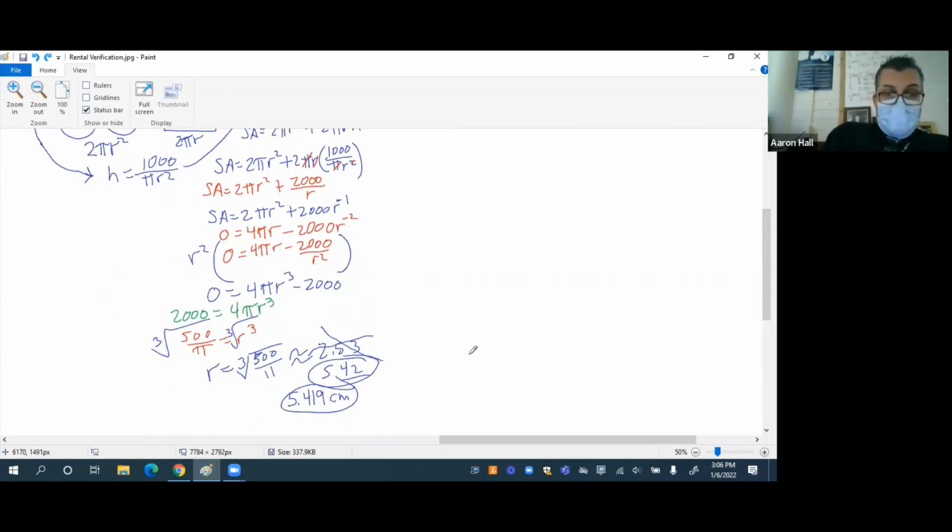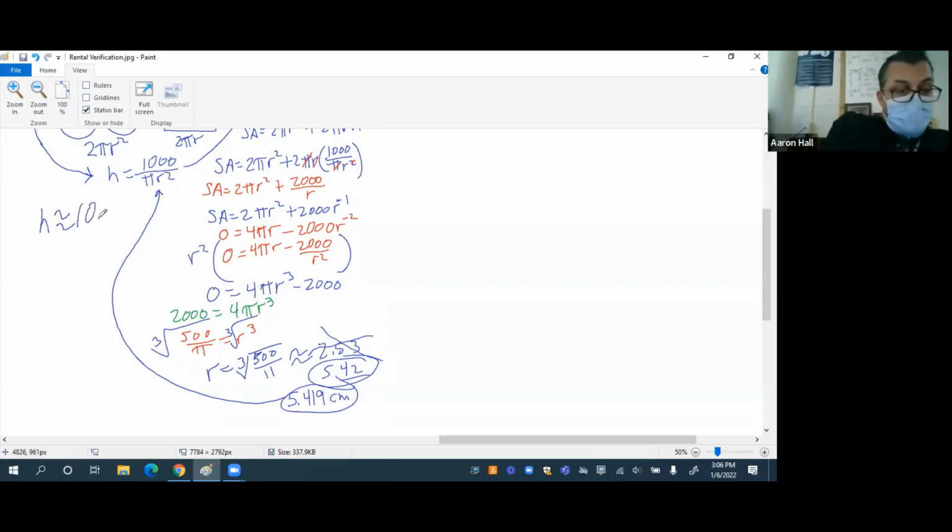When we take this value and plug it back into our height equation, what does the height become? What are my units? You get centimeters.